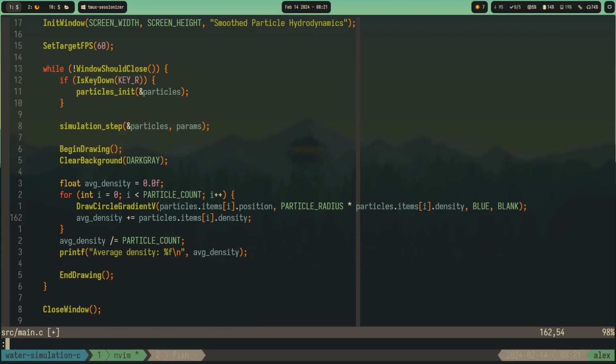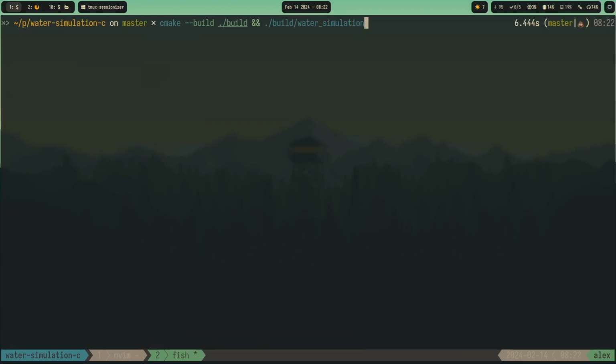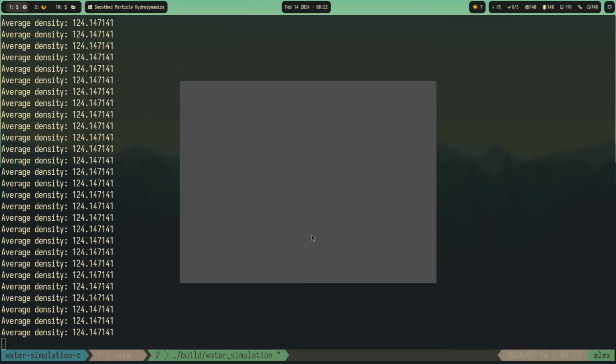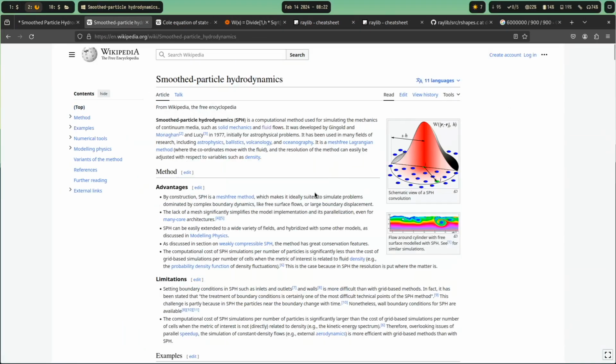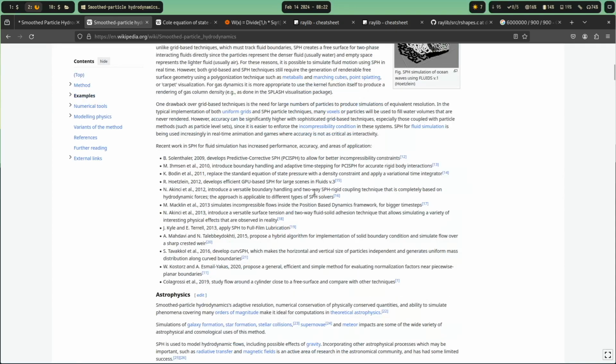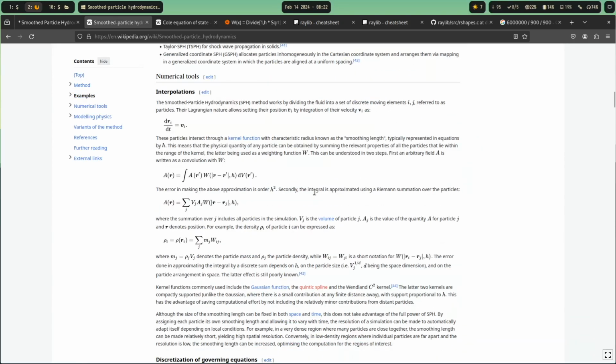Because I'm thinking that the density should look fine. It's only 100. Interesting.